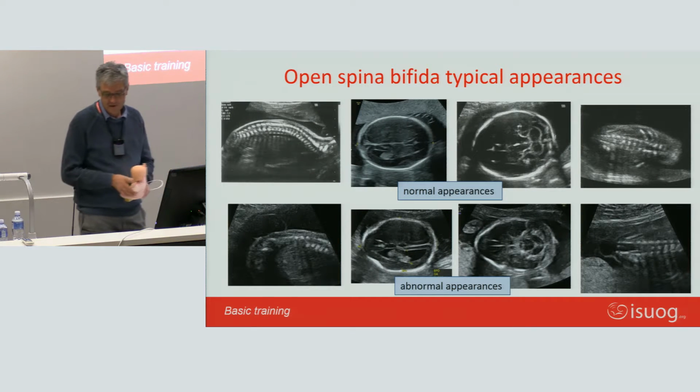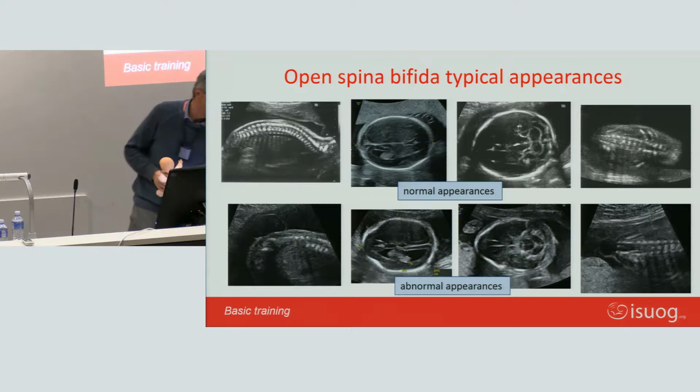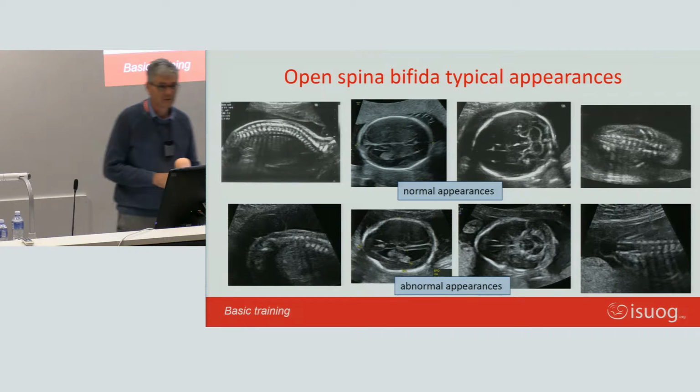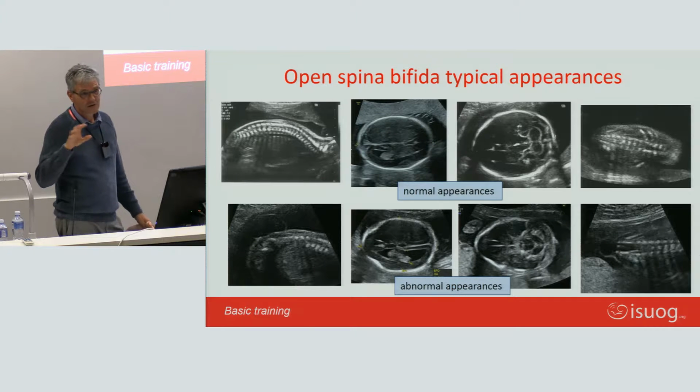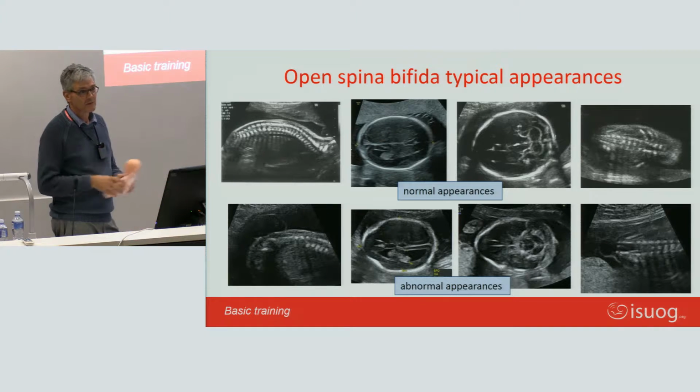Now, I suppose nowadays you probably need some antiretroviral treatment as well. I don't want to say it's okay if you miss something as long as you don't miss a spina bifida, but spina bifida is really common. It's often really, really bad news, and it's something that is amenable to ultrasound detection.